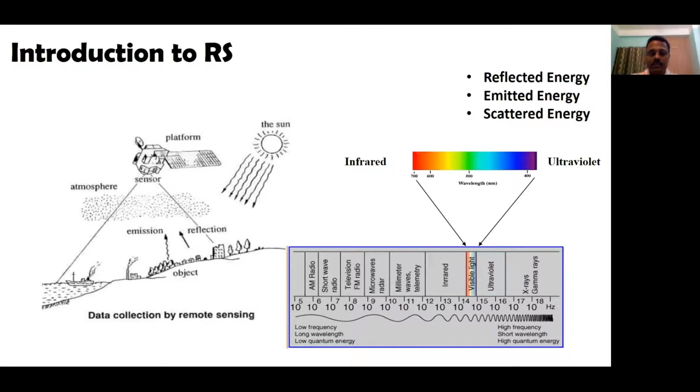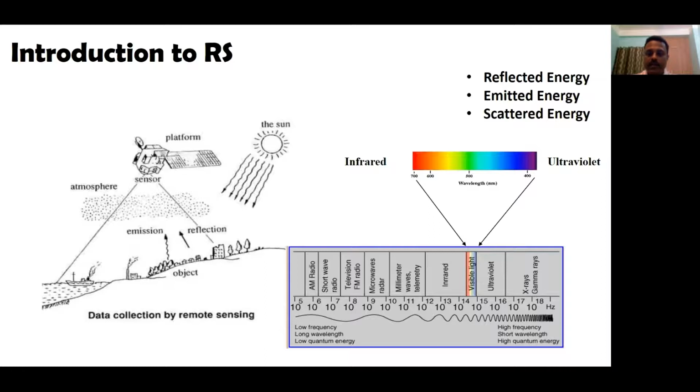Let me explain it in this way. We all know that the sun emits radiation in the form of various waves. We differentiate these waves in terms of their wavelengths or frequency. So what is a wavelength? Wavelength is the physical distance between two consecutive peaks or two troughs.